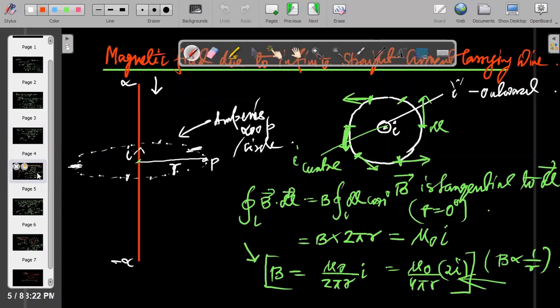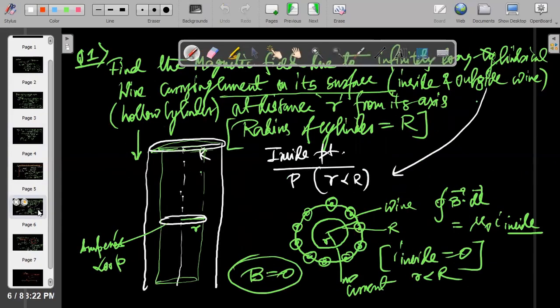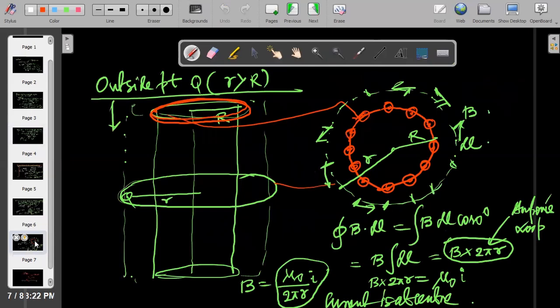Now we have determined the magnetic field due to an infinitely long straight current carrying wire. From there we got expressions similar to the Biot-Savart law. And finally, we considered a hollow cylinder where the radius of the point is taken as less than the radius of the cylinder, or the point may be outside.